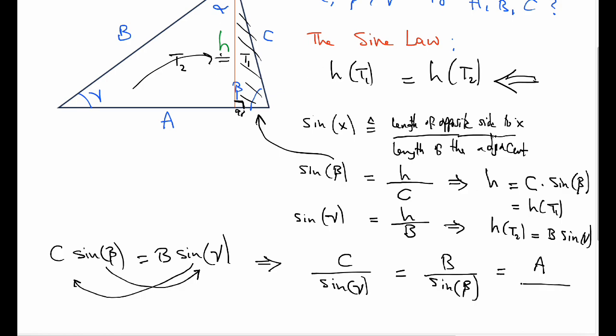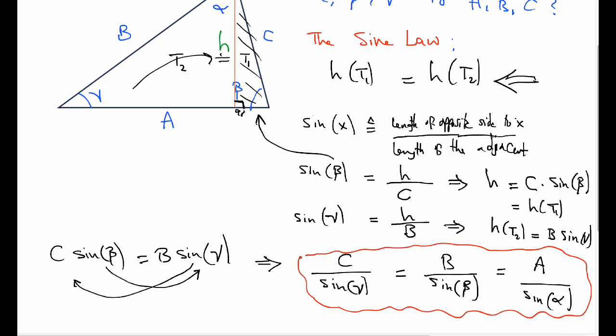So this will be equal to A divided by sine alpha. So if you do the same analysis, that's basically what we call the sine law. In words, each side of the triangle divided by the sine of the angle opposite to that side is always equal to the other side length divided by the sine of the angle opposite to that side, and so on.